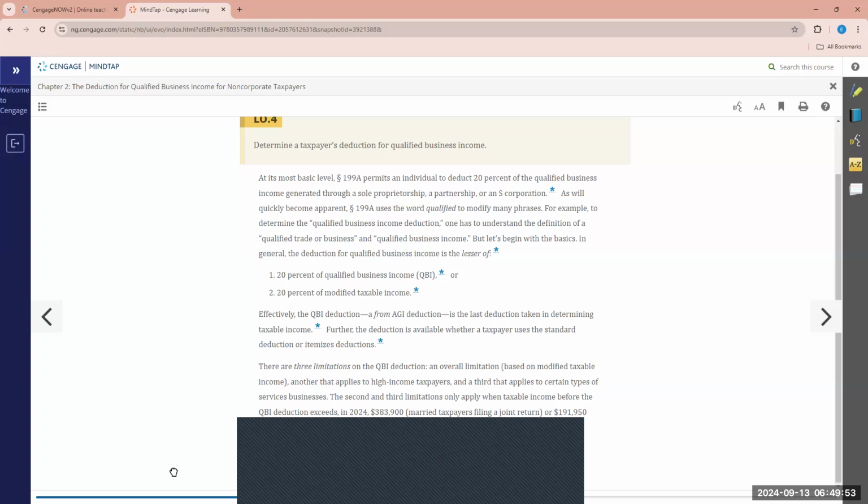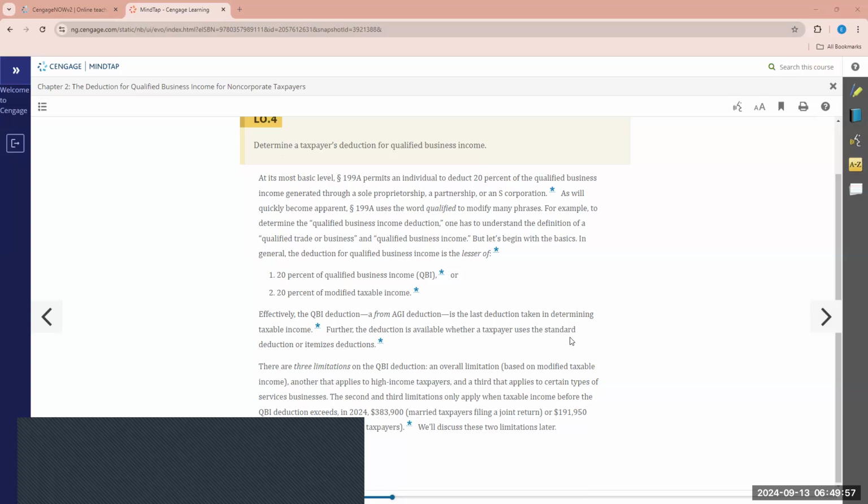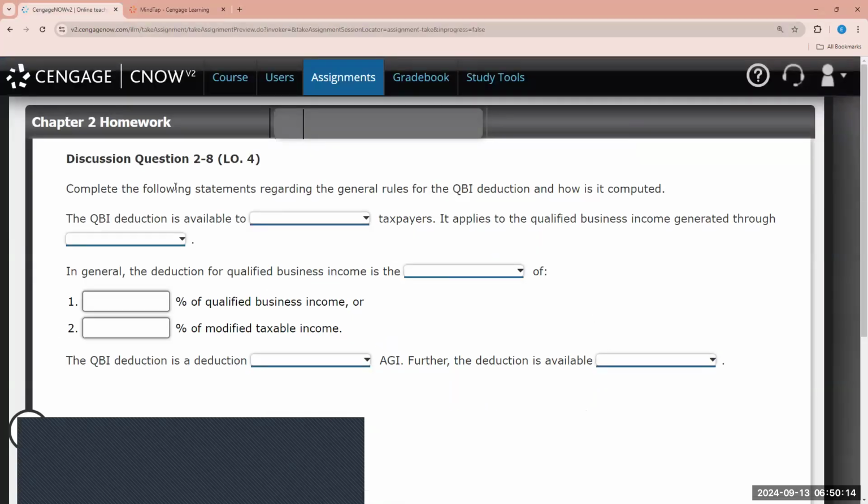Based on this information, there are a lot of nuances. We'll look at a problem a little later and we'll see that there are some limitations, some caveats, some things that we need to consider. But at the very minimum, the basic deduction is the lesser of 20% of QBI or 20% of modified taxable income. So based on this, we can answer some of these questions.